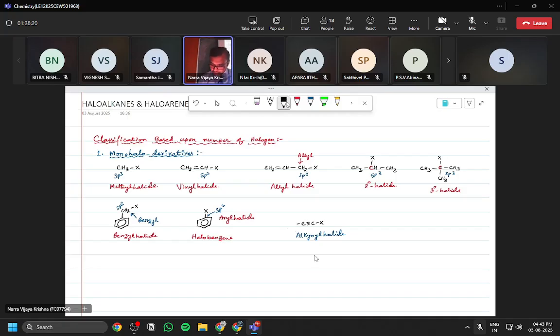Now is it an alkynyl halide or not? This is alkynyl. Alkyl, alkenyl, alkynyl. Done? Any other examples they have given?